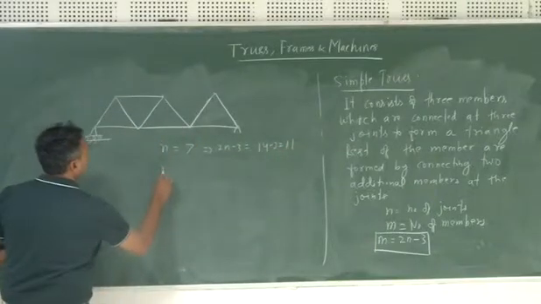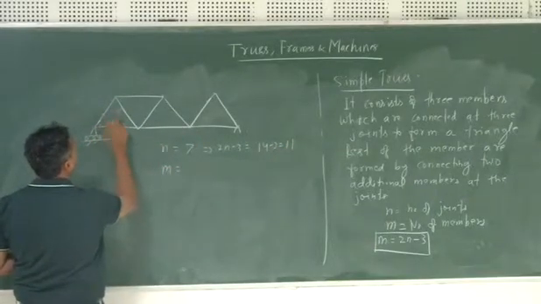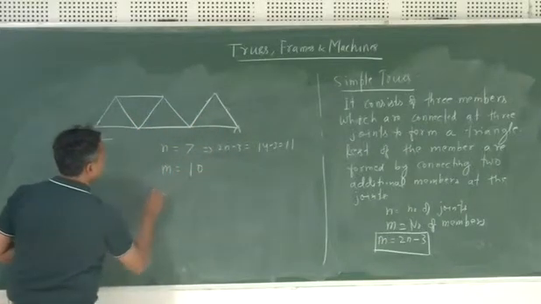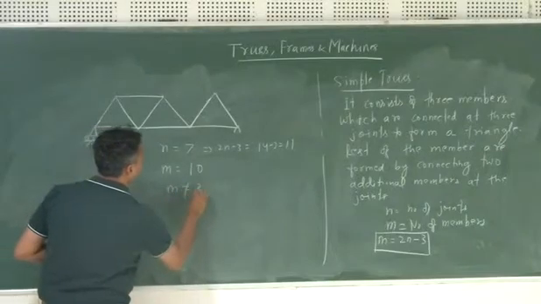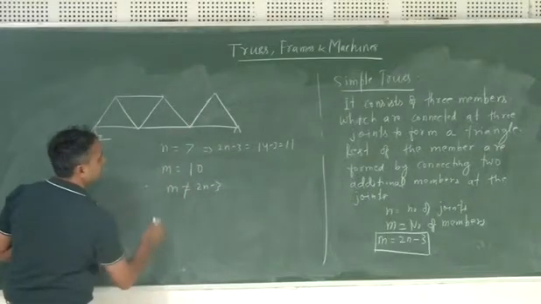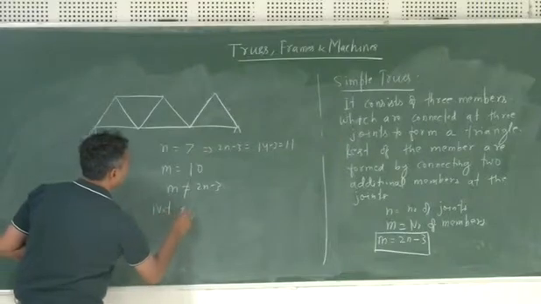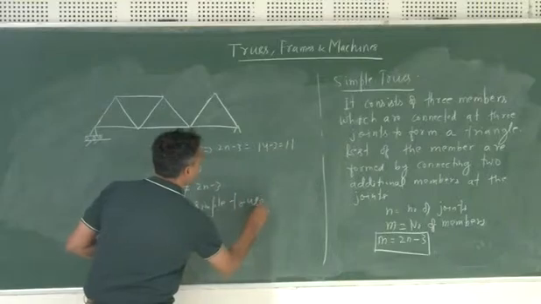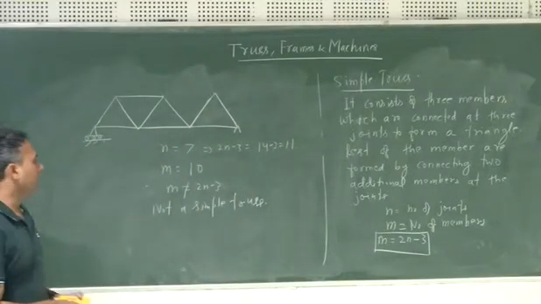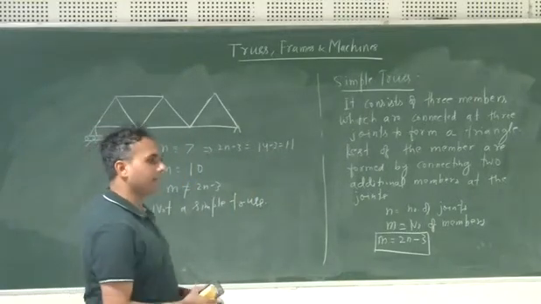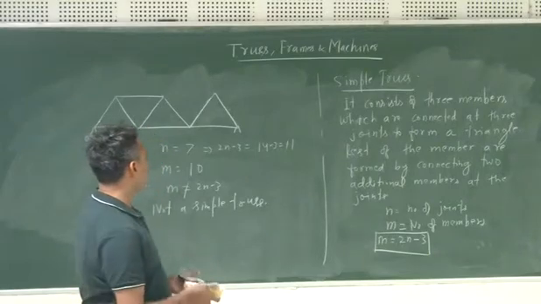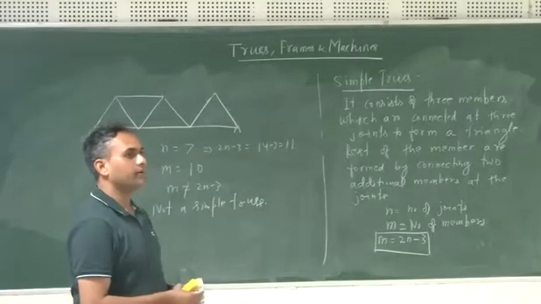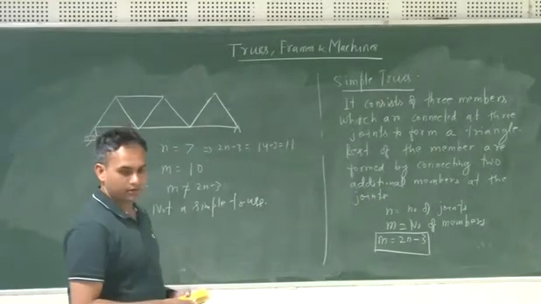The number of members is 1, 2, 3, 4, 5, 6, 7, 8, 9, 10. So since m is not equal to 2n minus 3, this is not a simple truss. We will talk about improper trusses, or statically determinate trusses, in the next lecture. Till now.